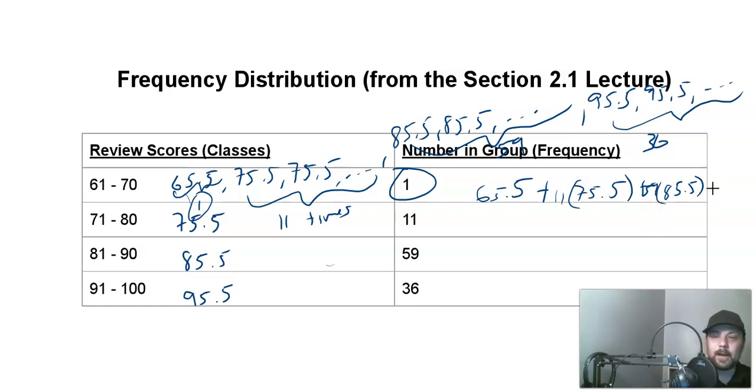Plus 36 times 95.5. I know it's hard to read, but hopefully you know what that is. And then we'll divide by the total number of data values, which again is 107. And that's going to give us our estimate for the mean based on the frequency distribution.